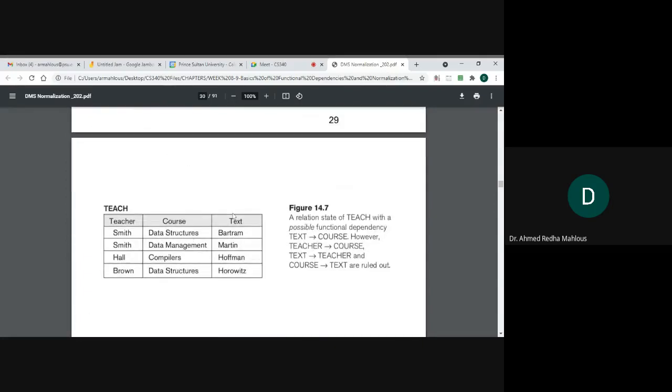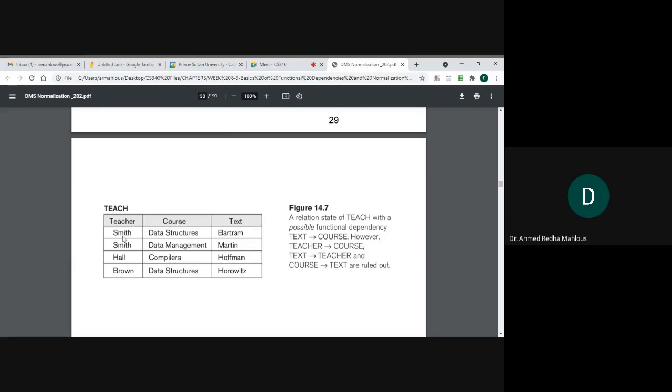Here, for instance, we looked at this example last time. These are the probable or possible functional dependencies. When you have the text, you can get the course. When you have the teacher, you can know the course.